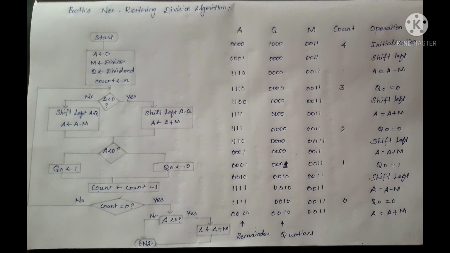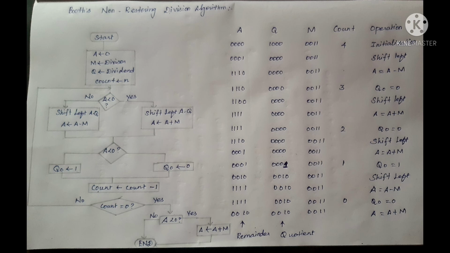Yes, it comes here and again check whether A less than 0. Here M is B of B is 1, it means it is less than 0. If it is less than 0, we have to perform A equal to A plus M. But if it is not less than 0, if it is positive, we go directly to the end step.